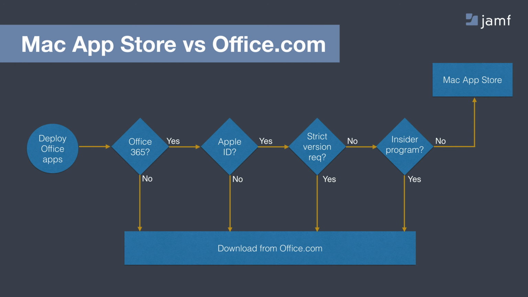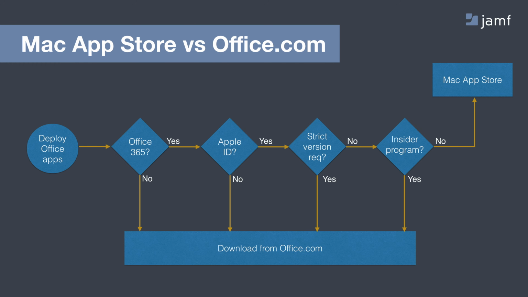However, if you are using Apple IDs, the next question is about your strict version requirements. The Mac App Store can only serve the very latest monthly build of Office. If you're in an environment where you regularly deploy older versions of Office, say for compatibility reasons, then the Mac App Store is likely not the best choice.